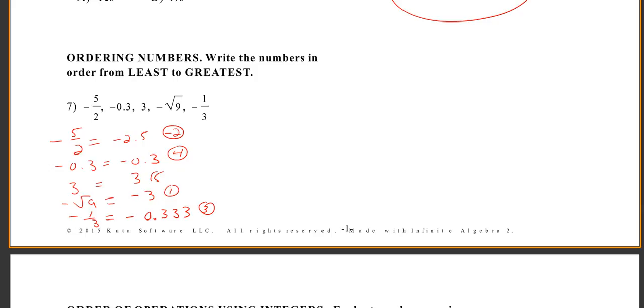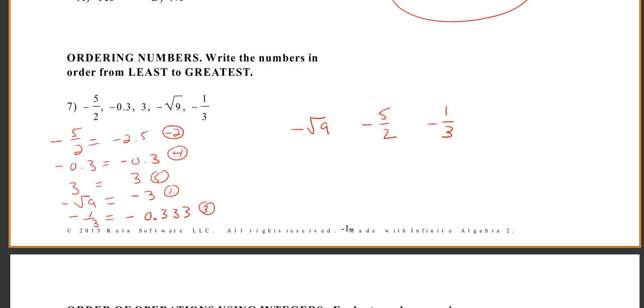So when I order these, I'm going to put the original numbers in order. My smallest number was a minus the square root of 9. Then I would move to the number negative 5 halves. Then I would move to the number negative 1/3.